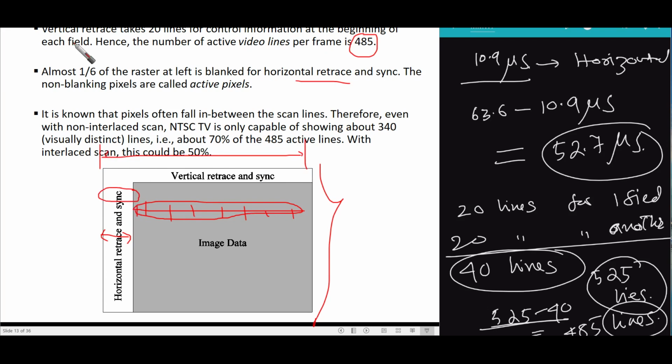This is roughly 1/6 of the raster area that we have to keep blank. So from this time to this time, our video camera will be blank. This is mostly for synchronization and horizontal retracing. So ultimately these are vertical retracing, and this is space. All these are your image data.